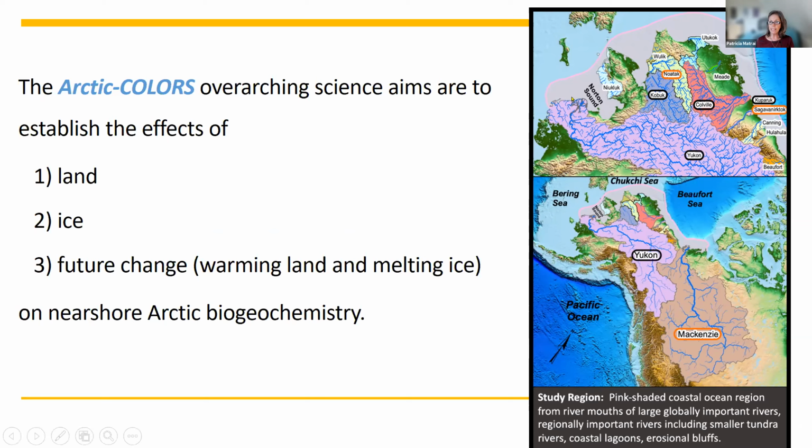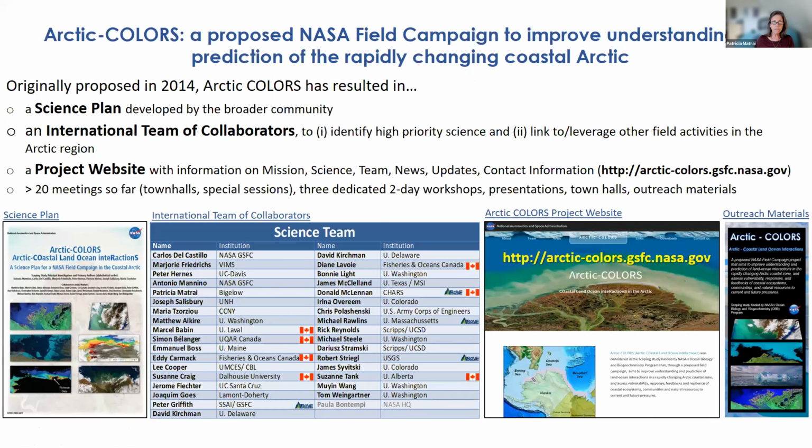And here on the right-hand side, if you can see my cursor, I'm looking on the bottom panel. In light pink is the domain or study region envisioned for Arctic Colors, from the river mouths of both large rivers such as the Yukon and Mackenzie to regionally important smaller rivers, which is on the top panel at a greater magnification, onto this nearshore region, including smaller tundra rivers, coastal lagoons, and erosional bluffs.